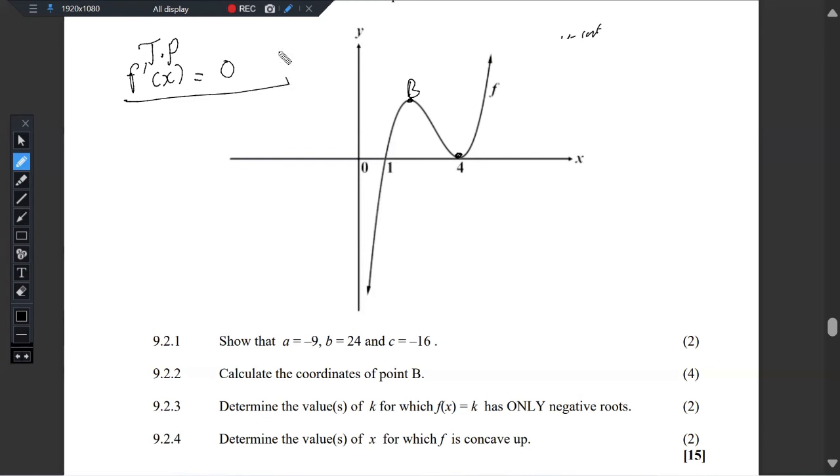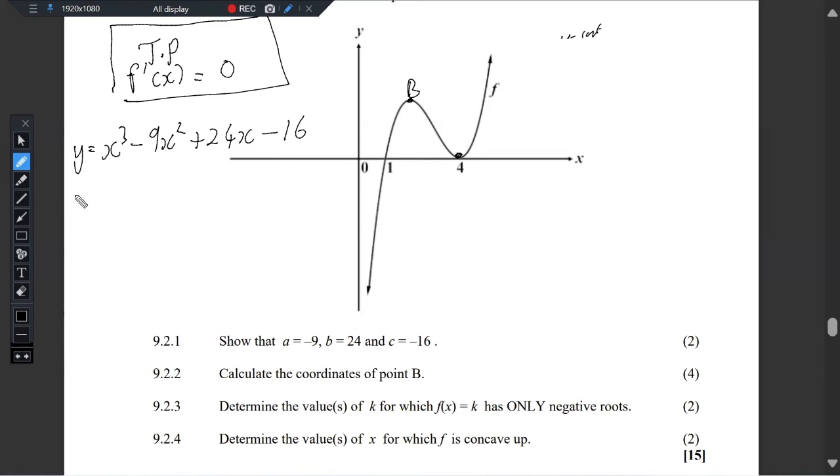So always note that this is where we apply this concept. And remember, we already have the equation: y is equal to x cubed minus 9x squared plus 24x minus 16.